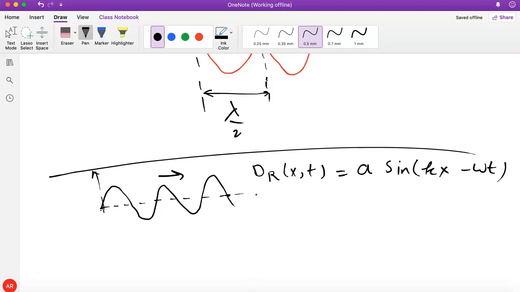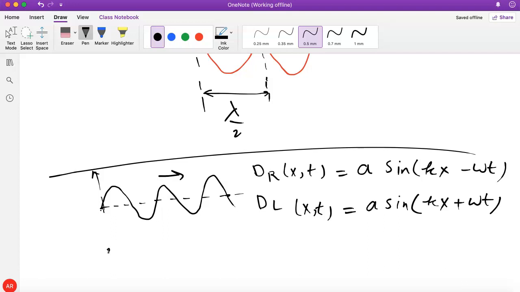And then we can have a left mover. So let's say the left of x and t. The only thing that happens is we need to change the sign of the speed, so that changes the sign of omega here. So that's sine kx plus omega t, and that's moving to the left.